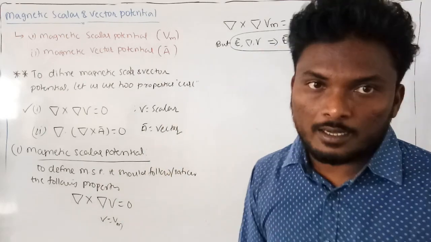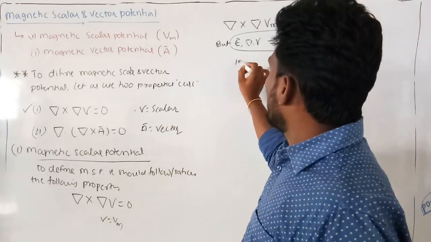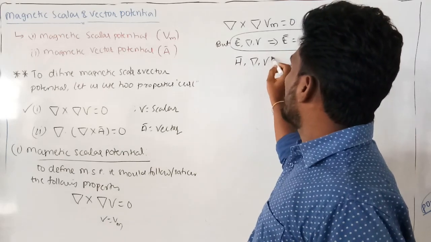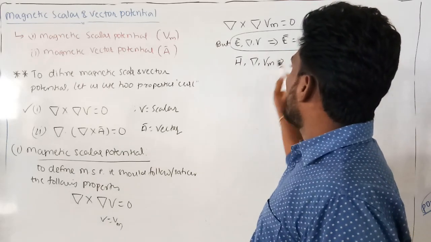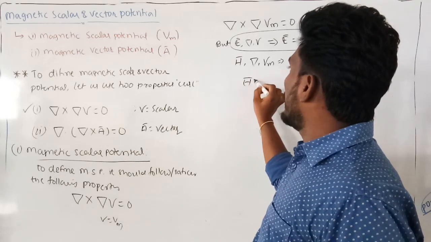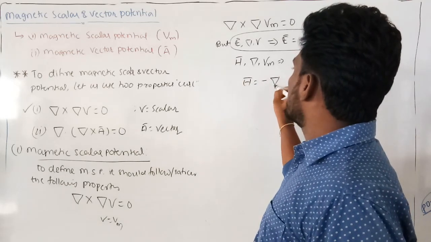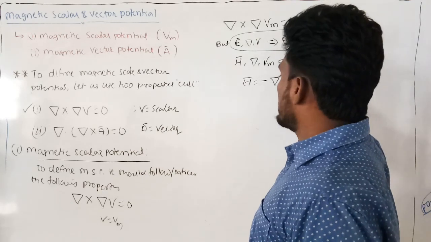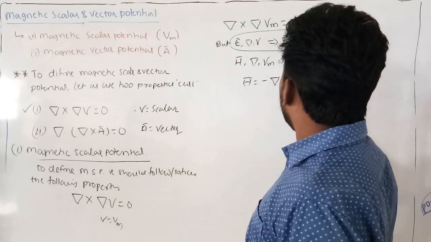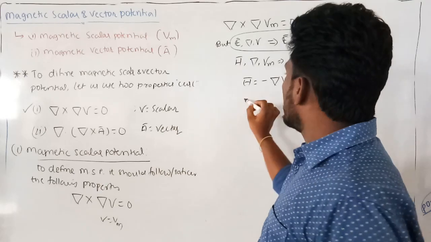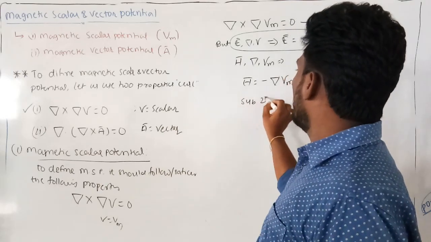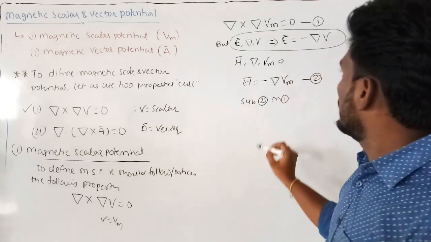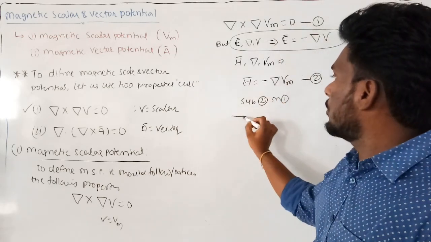Similarly, there is a relation between magnetic field intensity H bar and the operator del and the potential Vm, which is H bar equals minus del Vm. So if you consider this as equation 1 and this as equation 2, and substitute 2 in 1, how is equation 1 going to be modified?